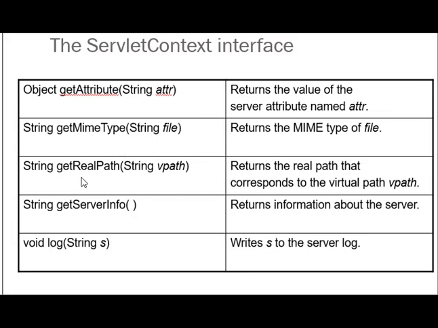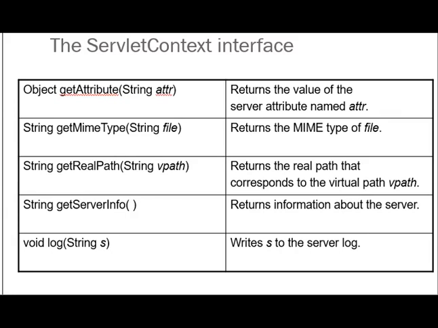Then getRealPath. This returns the path that corresponds to the virtual path. The virtual path may be the path relative to the current location.